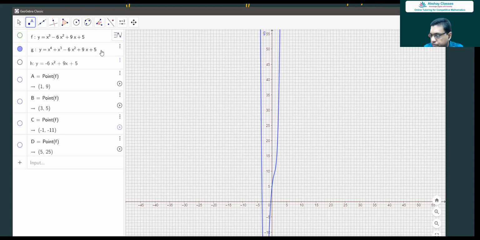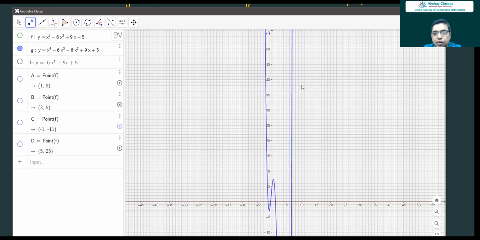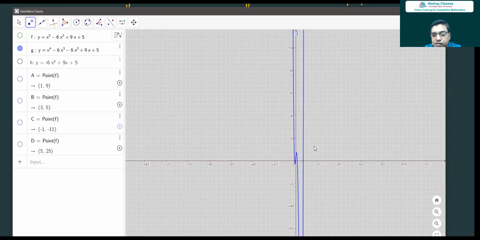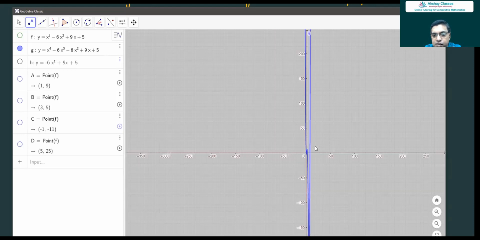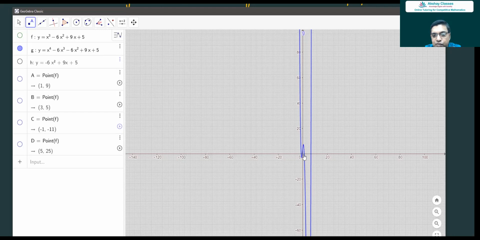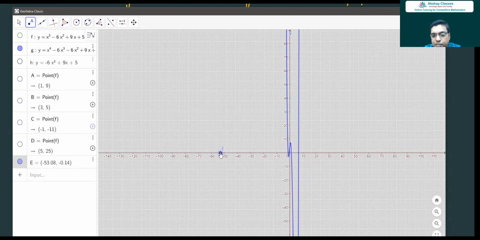Power 4 term: 1, 3. I will add 0, 1, 4. So here we see there are 2 points of maximum and minimum.